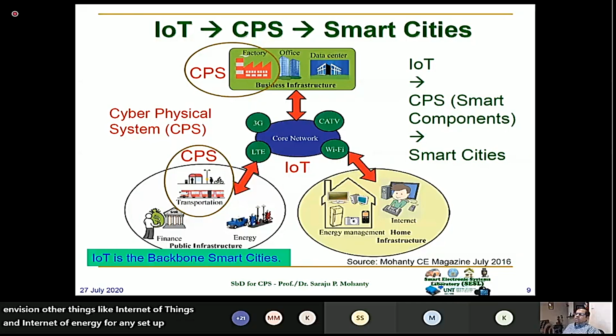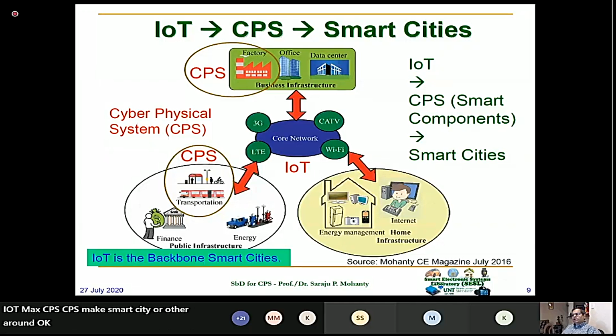Now, when we want to see how IoT, CPS, and smart cities fit together, they are essentially doing the same thing in the end. It's about some physical entity, like cities, being made into smart cities. In a top-down or bottom-up view, either way, IoT makes CPS, and CPS makes the smart city, or the other way around.